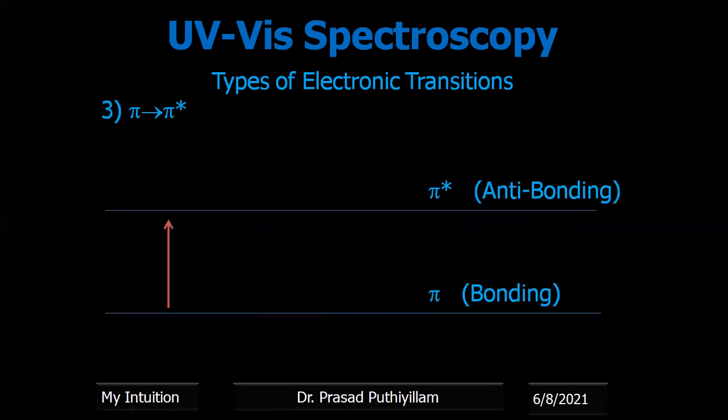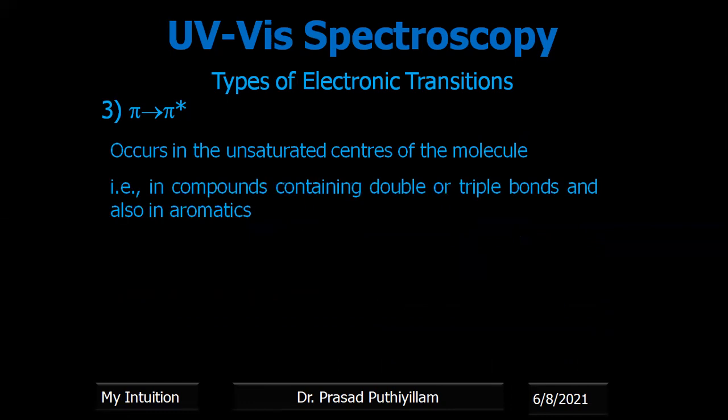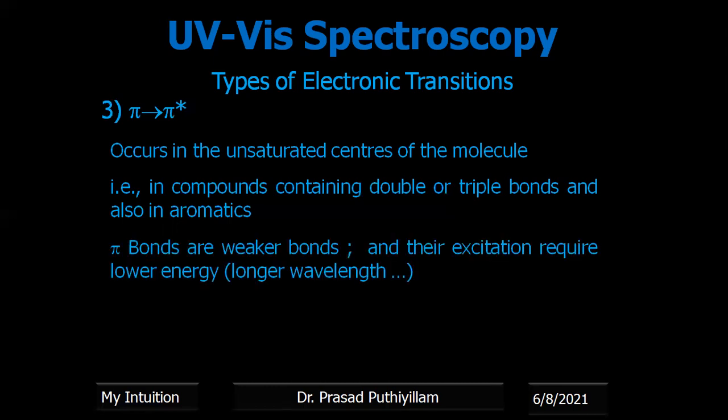The third possibility is pi to pi star. Pi to pi star means the molecule should have a pi bond, that is, sidewise overlapping of p orbitals. That means unsaturated organic molecules only, which contain double or triple bonds, and even aromatic compounds, such as benzene and related compounds, which also have double bonds.